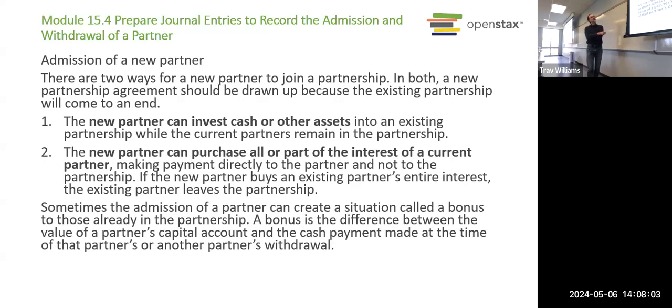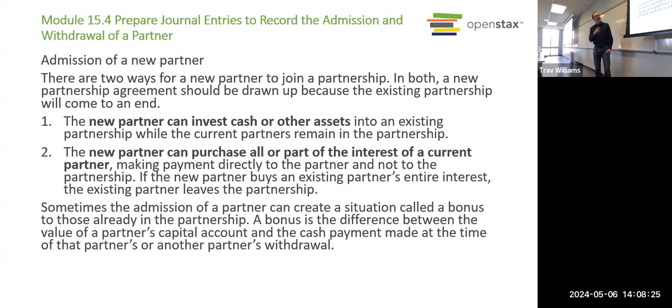All right, so let's say we have a new partner coming in. Sometimes the partner will come in and they'll contribute money or other types of assets. Maybe not always. There might be times where you could become a partner just because they want you to be part of the team. Possible.